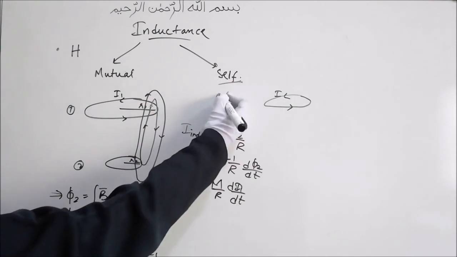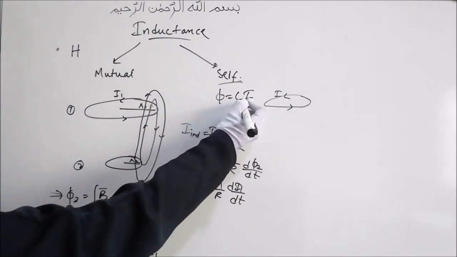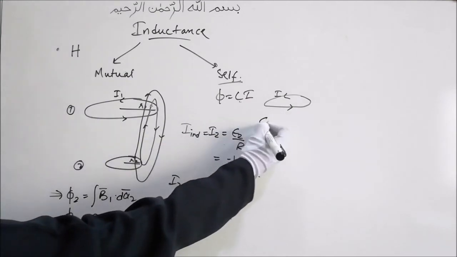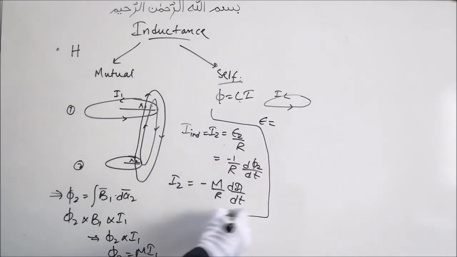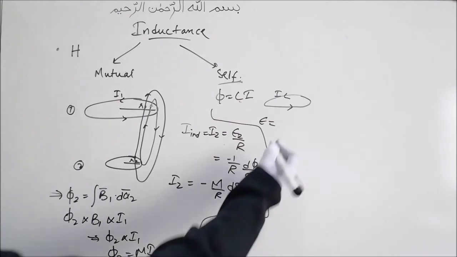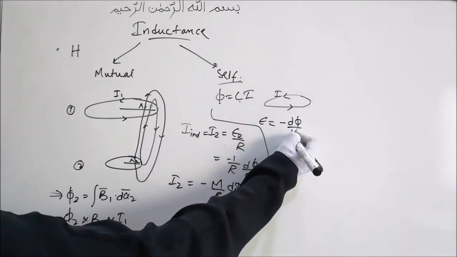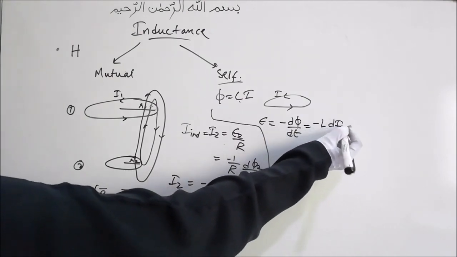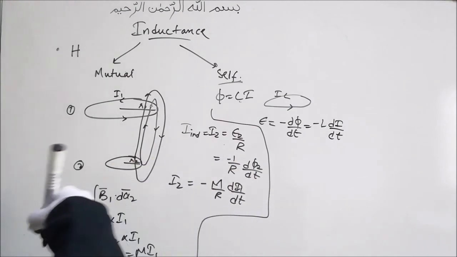So here the flux phi is equal to L i, where L is called the self-inductance. And the EMF generated will be equal to minus d phi by dt, which is equal to minus L di by dt.